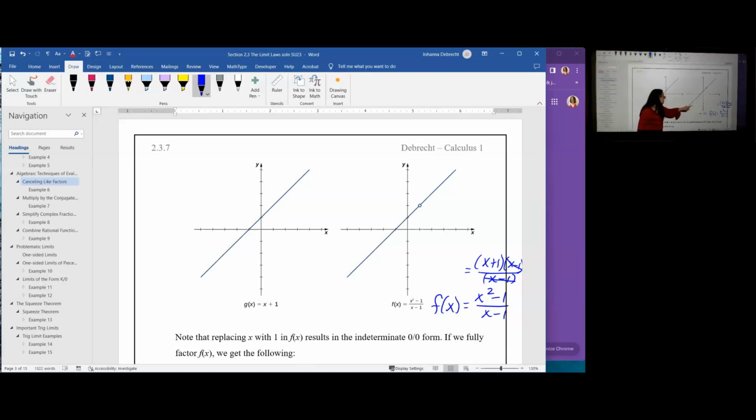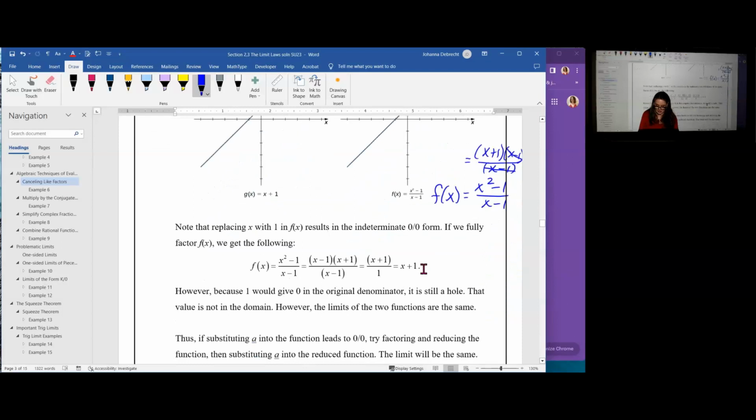Notice that that function is the function we have on the left. These functions are identical to each other except at the point x equal 1. In the case of a canceling factor, where they exactly cancel one another out, then we do have a hole in the graph and the function still exists.